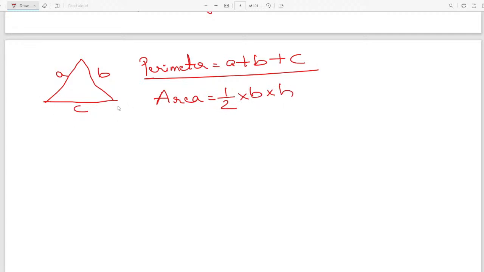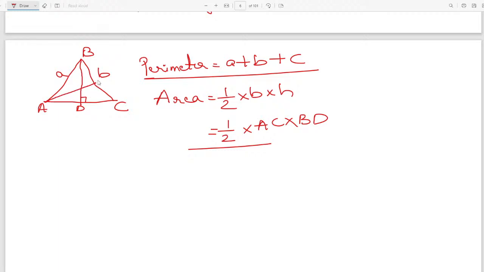So let this triangle be ABC. If AC is considered as the base, and I draw a perpendicular from the vertex B, let this be BD. So BD would be the height and AC is the base. So the area is half into AC into BD. Similarly, you can draw one more height.